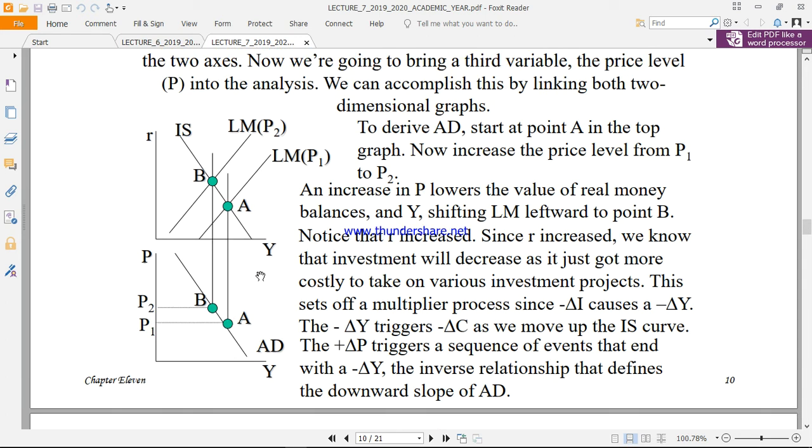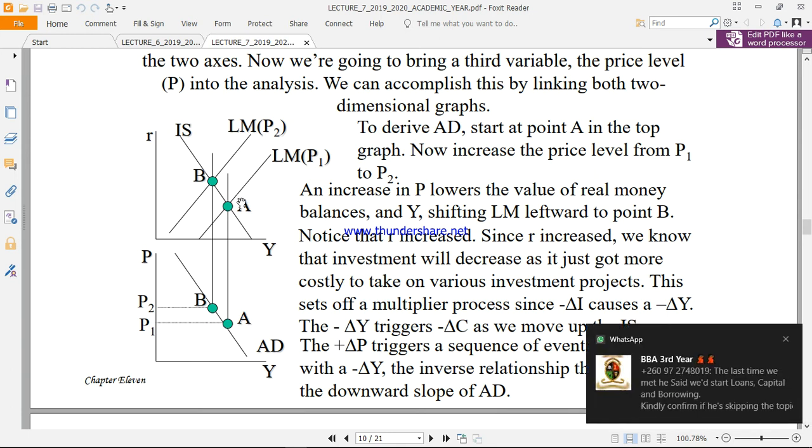Now let's suppose that there's an increase in the price level from P1 to P2. We expect people's purchasing power to reduce, and people's purchasing power is depicted by the LM curve. Remember the real money demand?